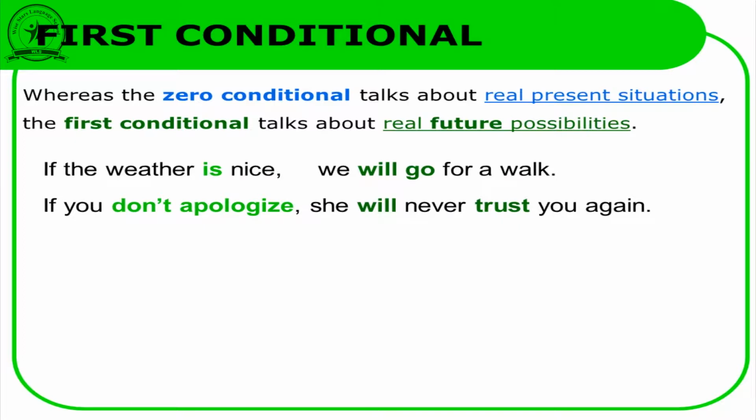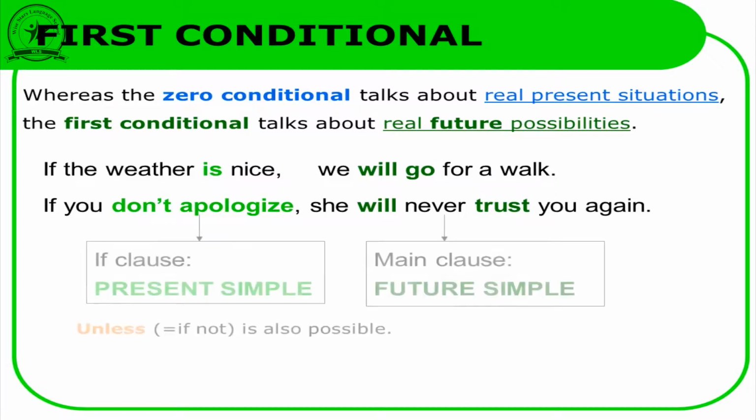If the weather is nice, we will go for a walk. So here, the result of going for a walk depends on the weather. The next sentence: if you don't apologize, she will never trust you again. So the result is in the future.